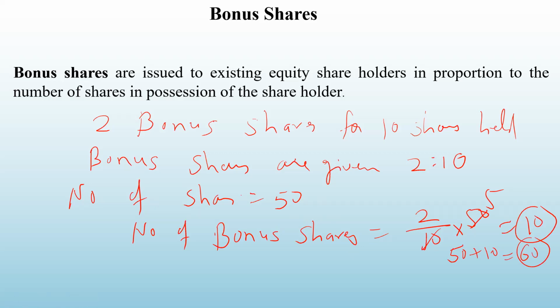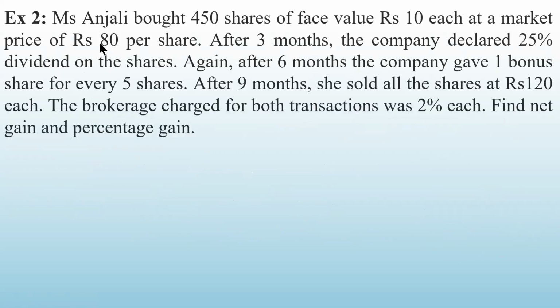Now we will solve some problems. I'll take this problem. Look at this. Miss Anjali bought 450 shares of face value rupees 10 at market price of rupees 80. After 3 months, the company declared 25% dividend on these shares.